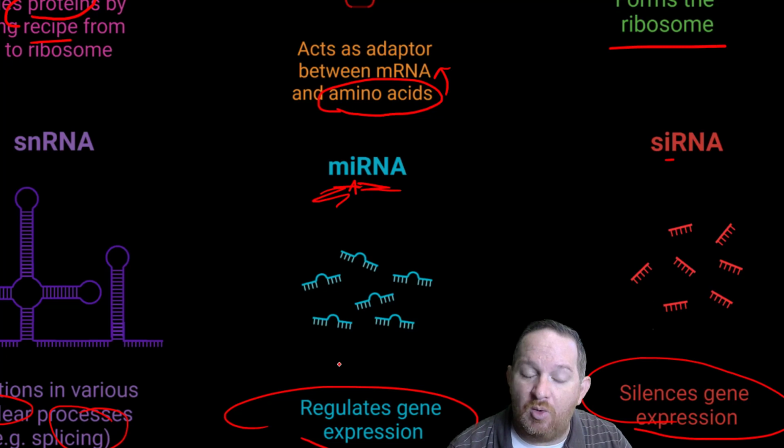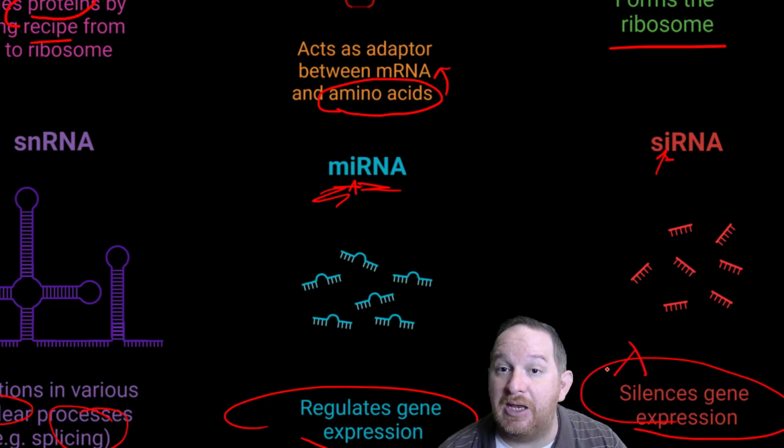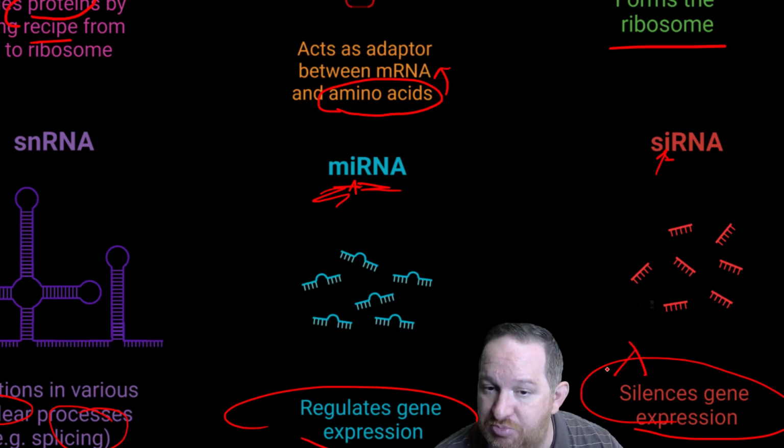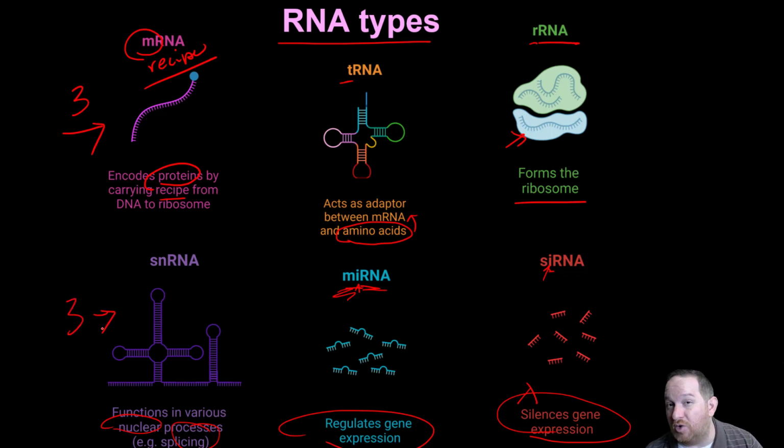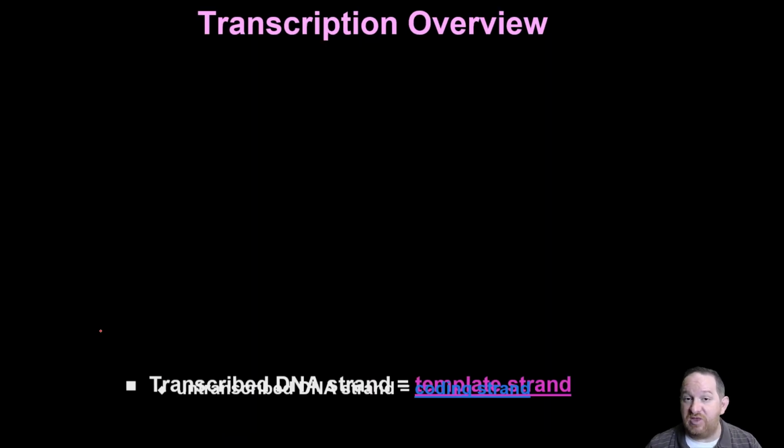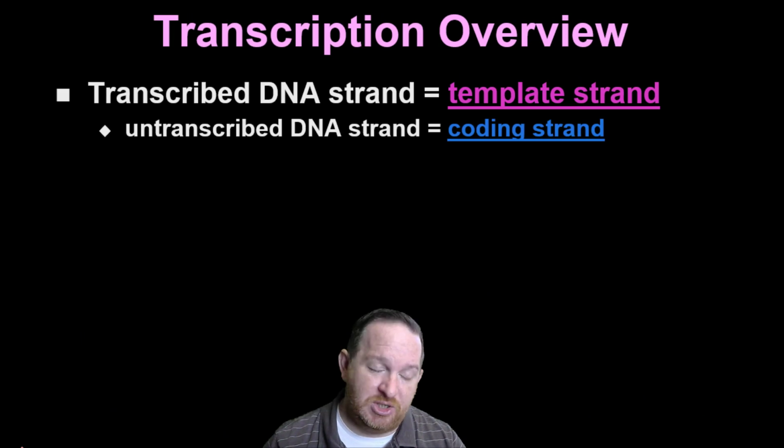So whether or not we're regulating that gene being turned on or off, if we see some siRNA, that's actually going to silence that gene and say, nope, gene, you don't need to be expressed right now. Okay? So I would say that these three on the top are the main RNA types we talk about. These three down here on the bottom are a little newer in our understanding and a little more complex in their behavior.